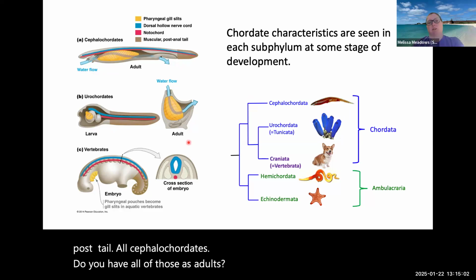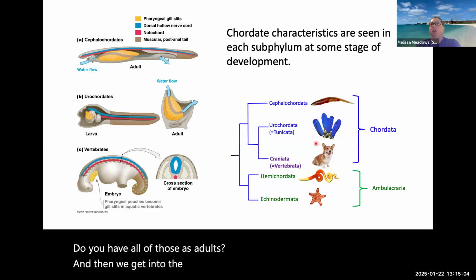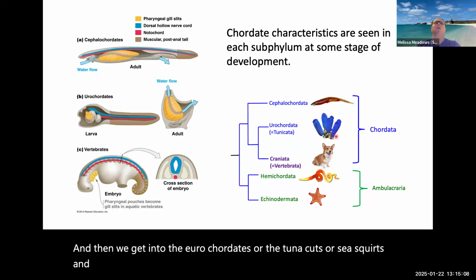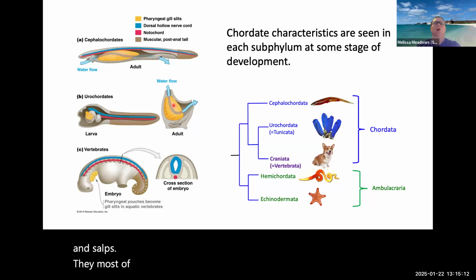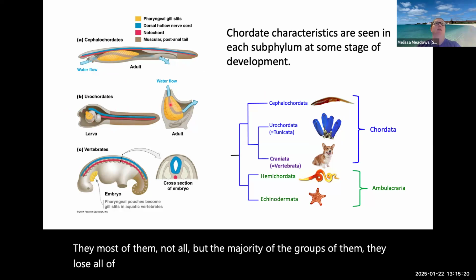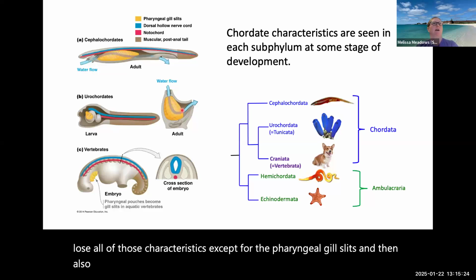And then we get into the urochordates or the tunicates or sea squirts, and salps. Most of them, not all, but the majority of the groups of them, they lose all of those characteristics except for the pharyngeal gill slits and then also the endostyle as adults, when they undergo metamorphosis.